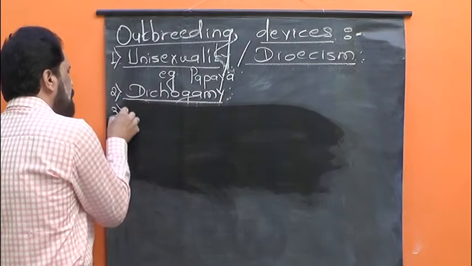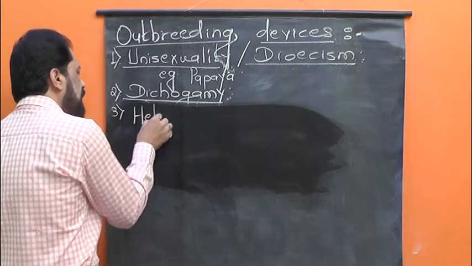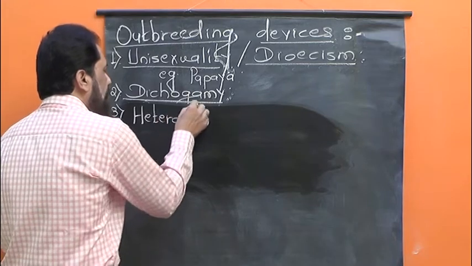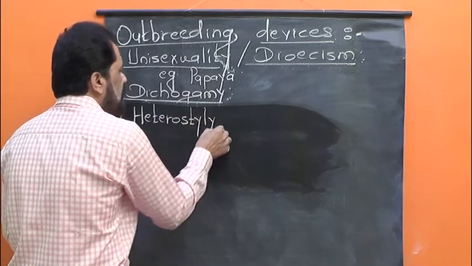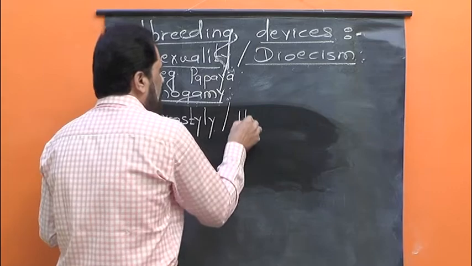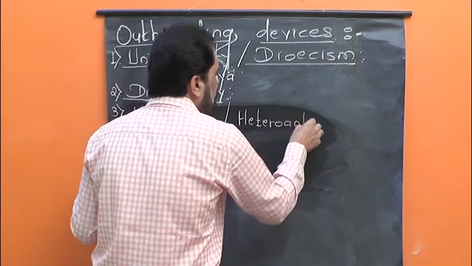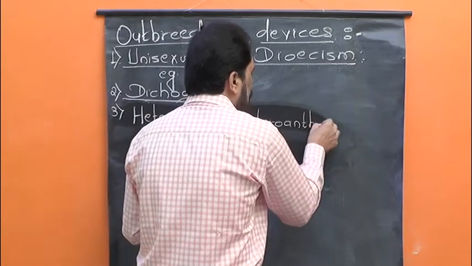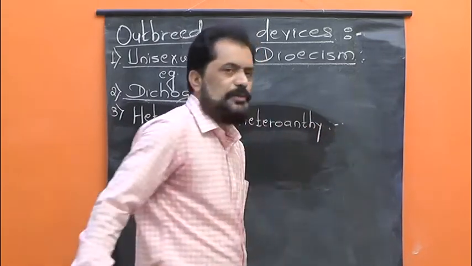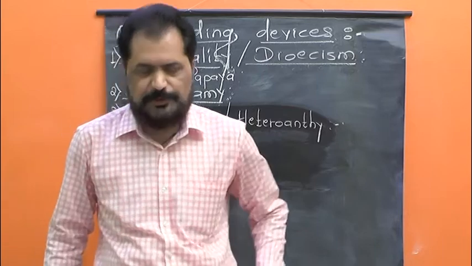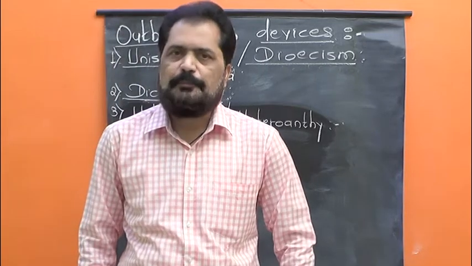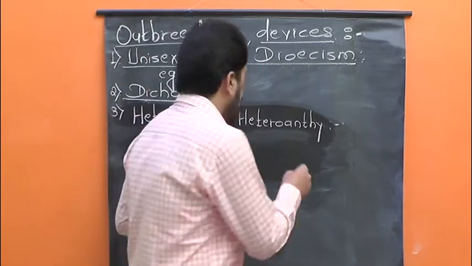Third contrivance, Heterostyly or Heteroanthy. This type of contrivance is seen in Primrose.